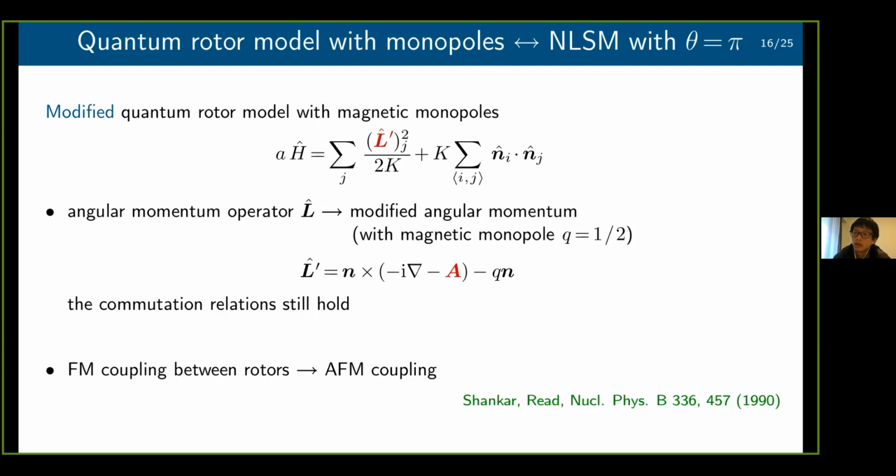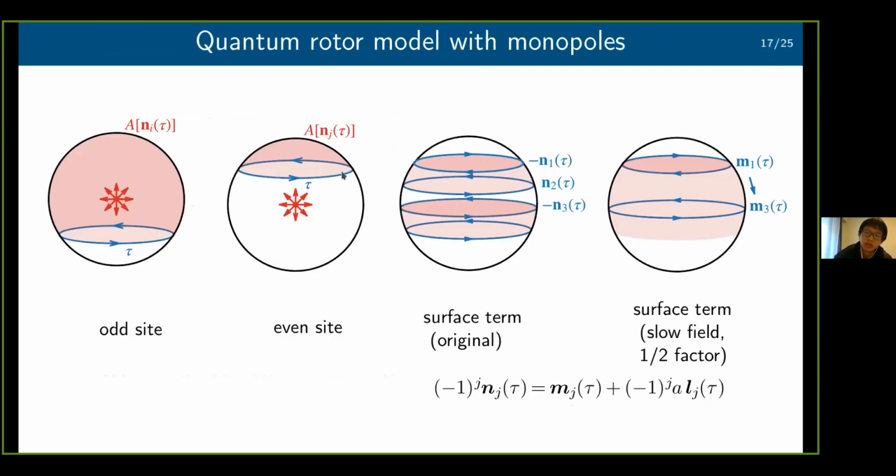To understand this, we can look at a very rough explanation for this correspondence. Putting a magnetic monopole at the center of the quantum rotor basically means you will generate a uniform magnetic field at the sphere of this unit vector for the quantum rotor.